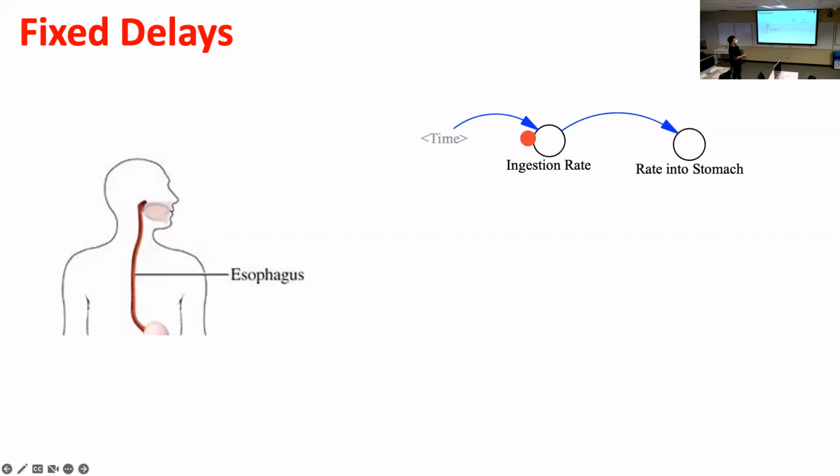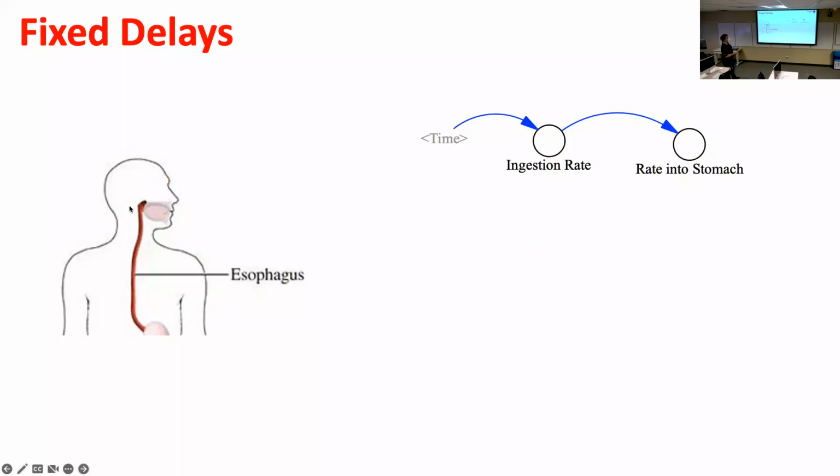I can think about the ingestion rate. So that's the rate of intake of food into the mouth. And then I can think about the rate into the stomach. So this is how quickly food is coming to the mouth. This is how quickly food is coming into the stomach. And maybe you could think of this as how quickly food is coming into the throat.